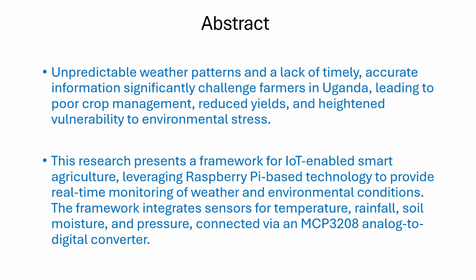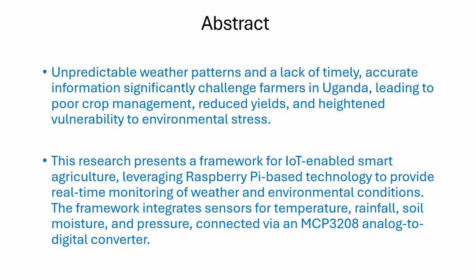They were not able to get accurate information on the weather patterns, so they were facing very deep challenges in Uganda, and it was difficult for them to maintain and save their crop.